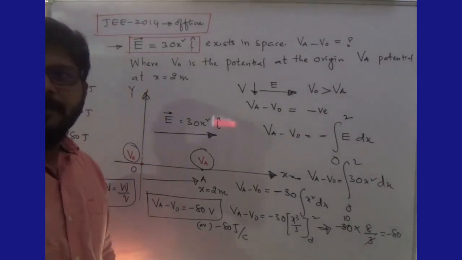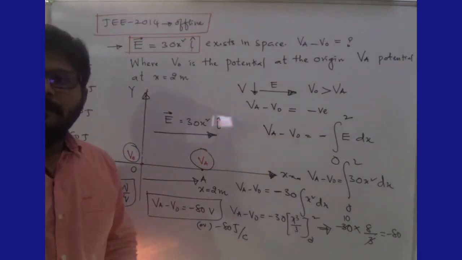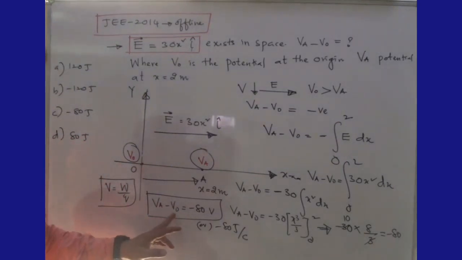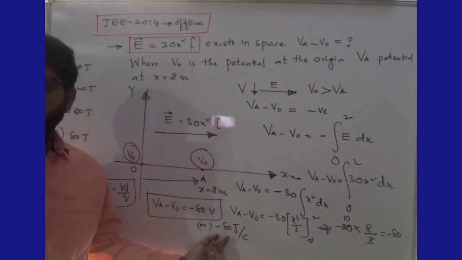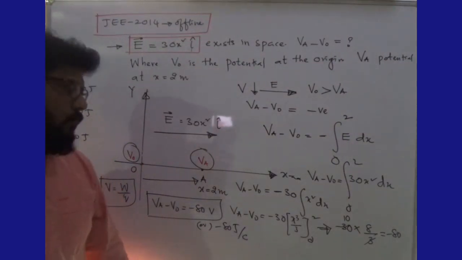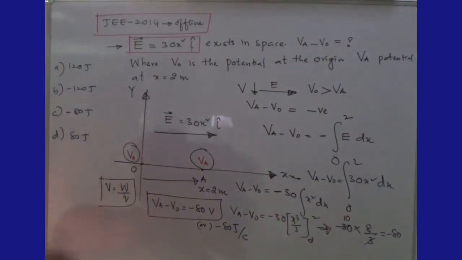Okay, is it clear? Here VA minus V0 is minus 80 volts, or minus 80 joule per coulomb. So the option is minus 80. C will be the correct answer.